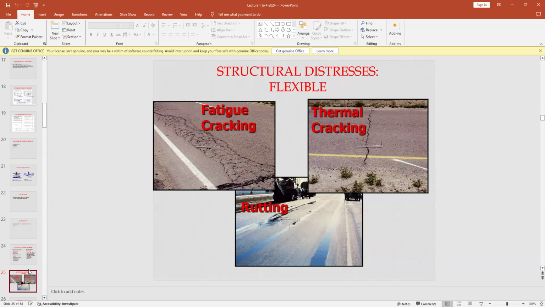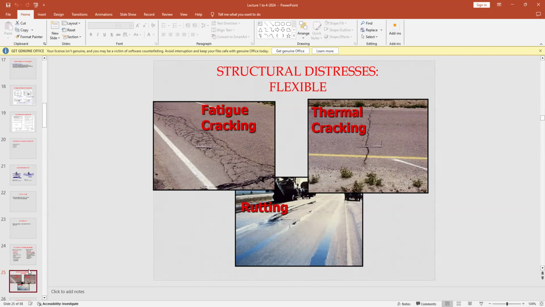The crack can sometimes be hairline, but once it gets widened, it becomes detrimental for the road as well. Because if the cracks get widened, it will allow water and other materials, sand-like materials or any dust, to penetrate through the pavement. And that is where this problem will cause your pavement to fail.